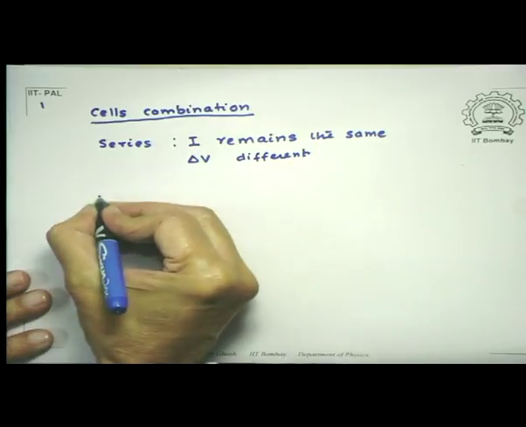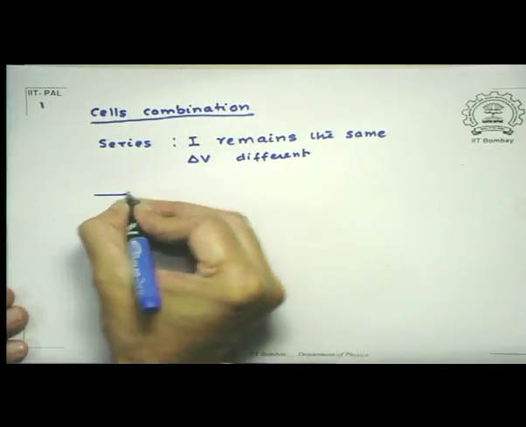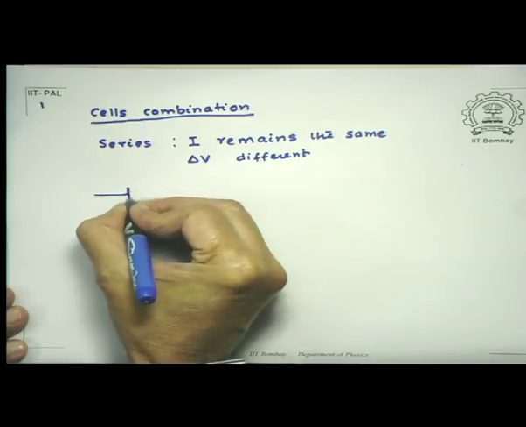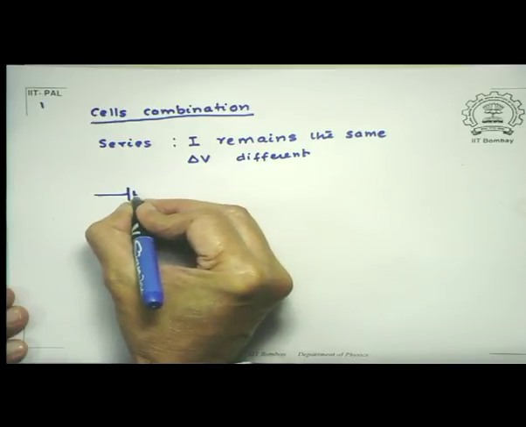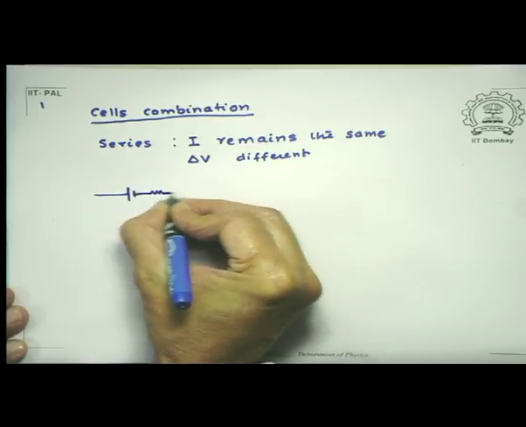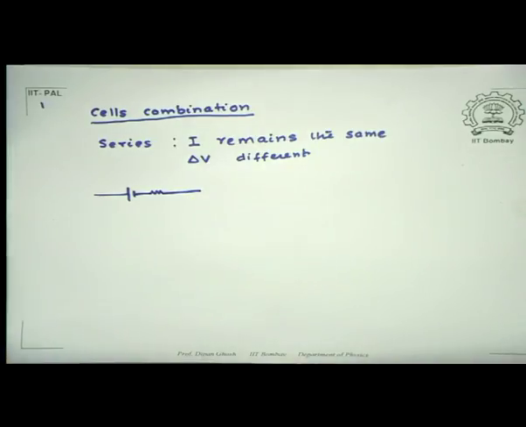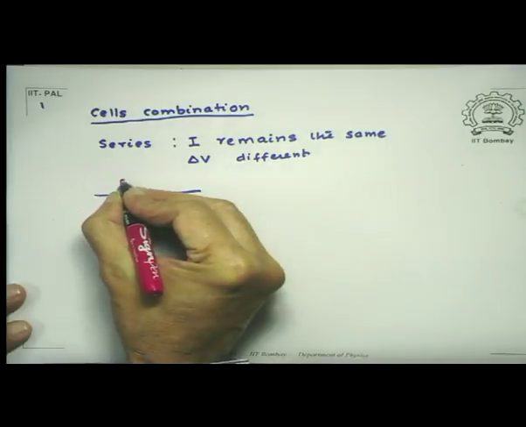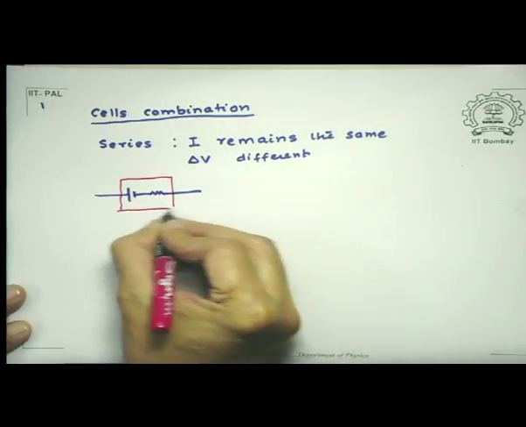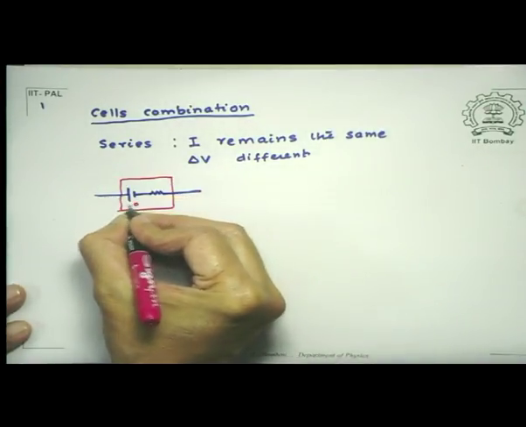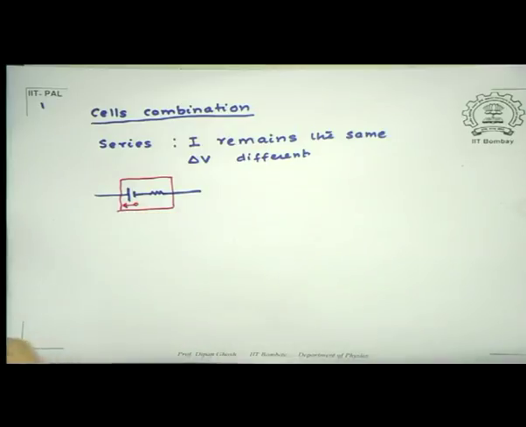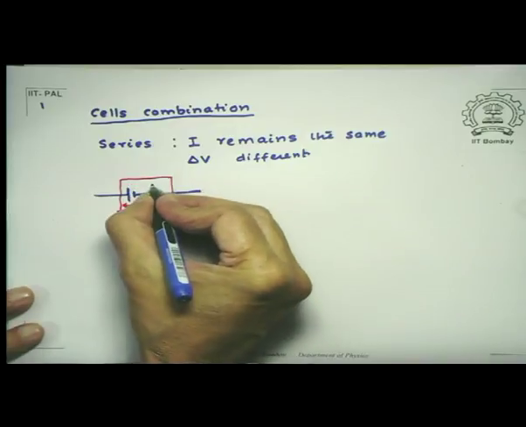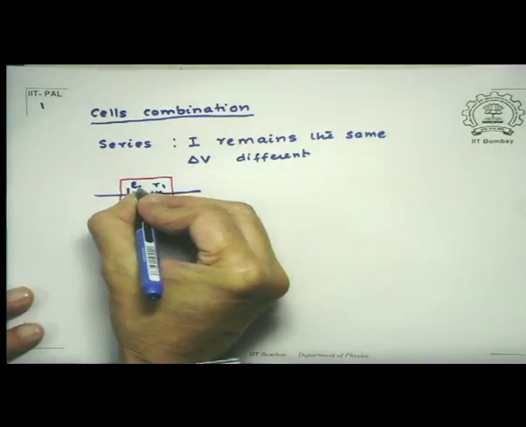So basically the circuit is very similar to the way you define a resistance series combination. So this is battery number 1. I already told you that we need to represent a battery by a combination like this. So this is an EMF source, and the resistance here is the internal resistance. So let's call it R1, and this is E1.